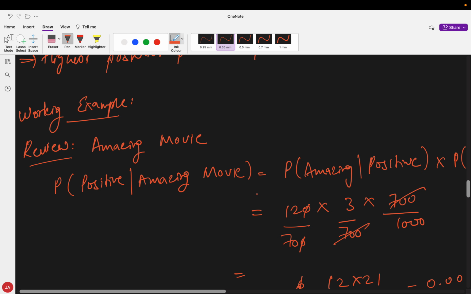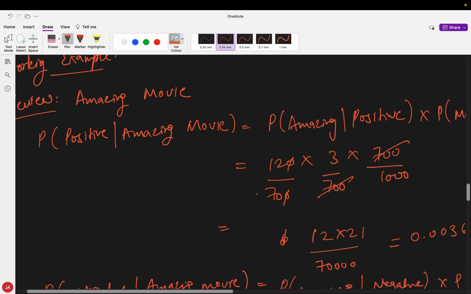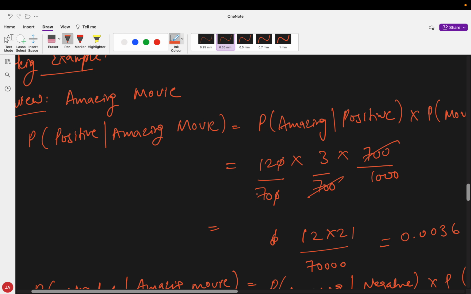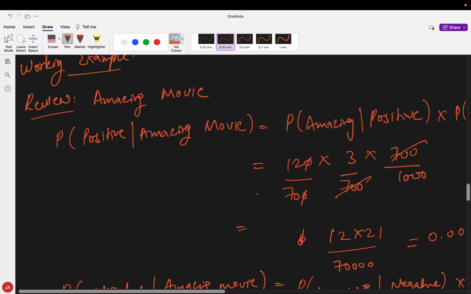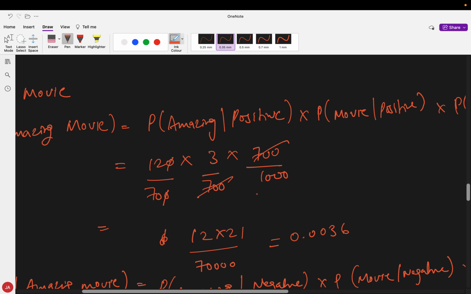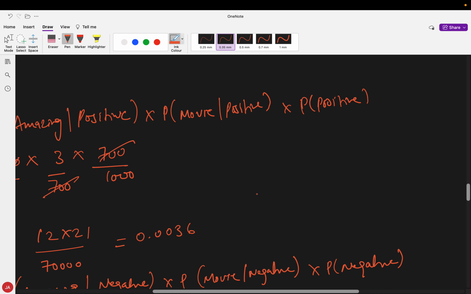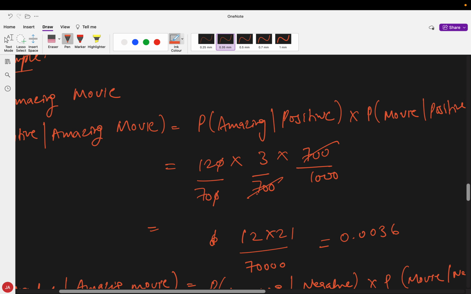obviously. So let me see a working example to get more clarity. I have a review: amazing movie. So I'm calculating the probability of positive given amazing movie, which is the probability of amazing given positive times the probability of movie given positive times the probability of positive.